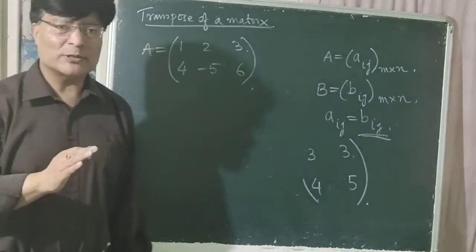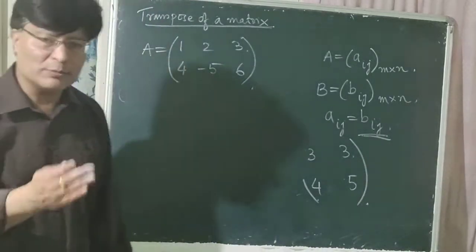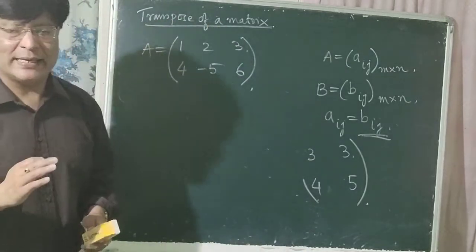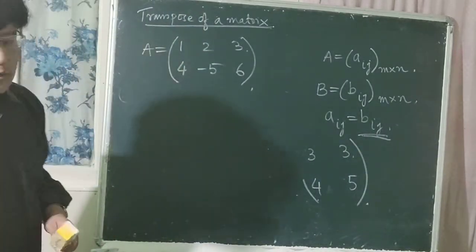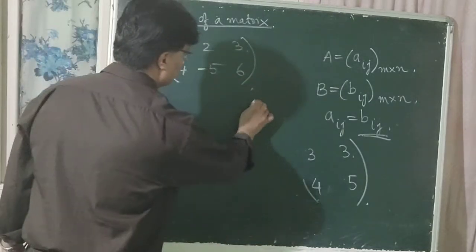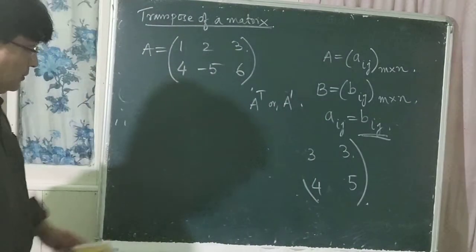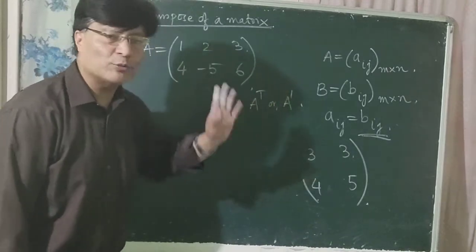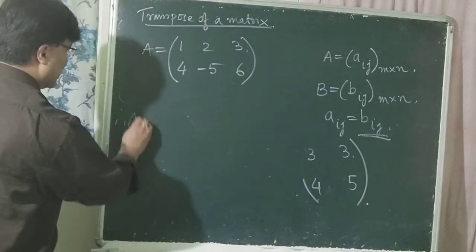The transpose of the matrix A can be determined by changing rows into columns and columns into rows. It is denoted by A T or A dash. This A T means transpose of the matrix A, and A dash also means the transpose of the matrix A. So now, let us write A transpose.